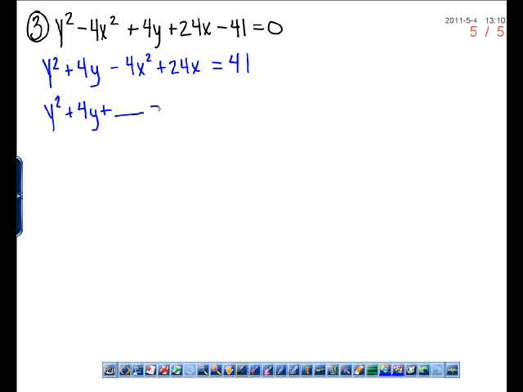So I'm going to pull out minus 4. Inside my parentheses, what am I going to have? Good. This is one of the easiest places to mess up, guys, if you forget to pull the negative out of that middle term. So be really, really cautious of that. Plus blank equals 41 plus blank.